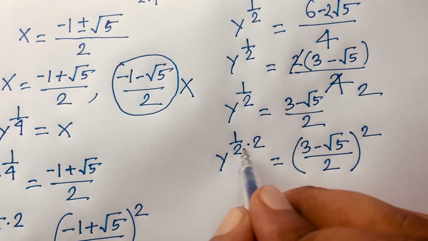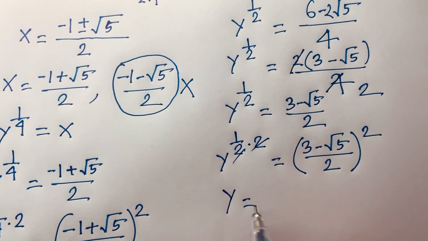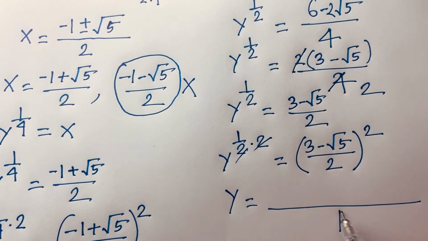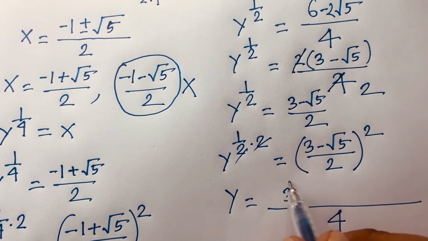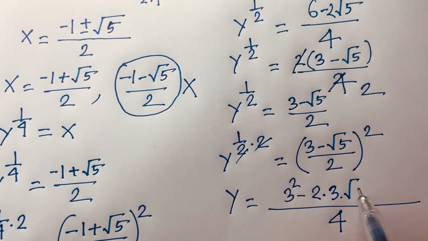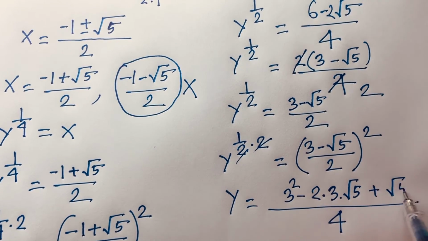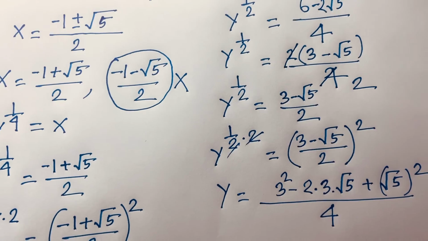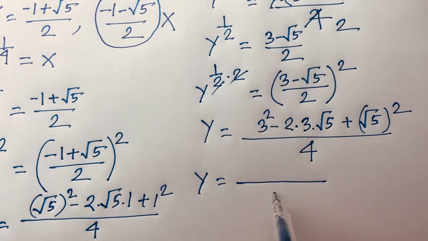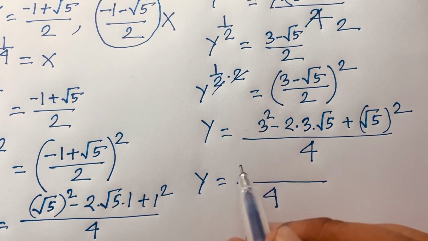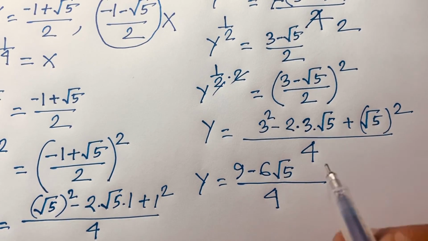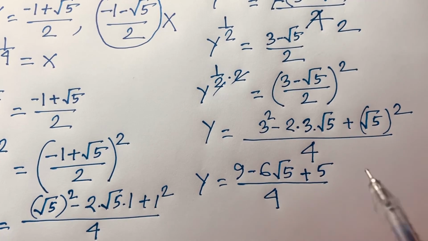Then the 2s cancel, so y is equal to a minus b whole squared again, and 2 squared is 4, and it will be 3 squared minus 2 times 3 times square root 5 plus square root 5 whole squared. Then y is equal to, 3 squared is 9, so 9 minus 6 square root 5, 2 times 3 is 6, and the square root is cancelled, it will be 5.